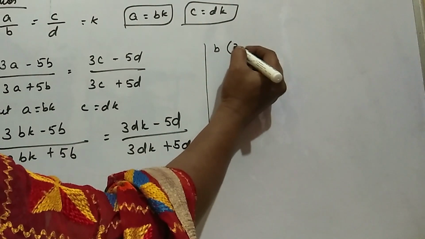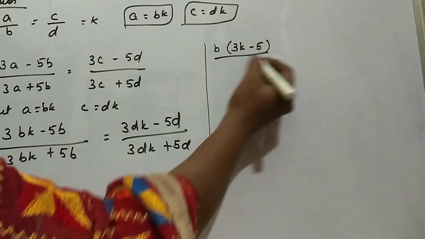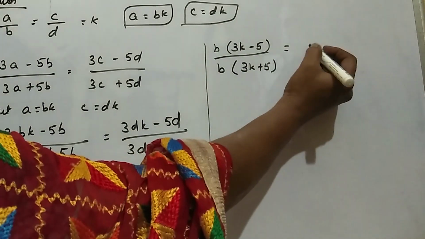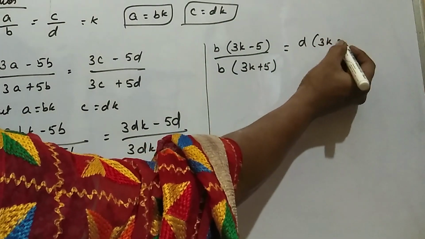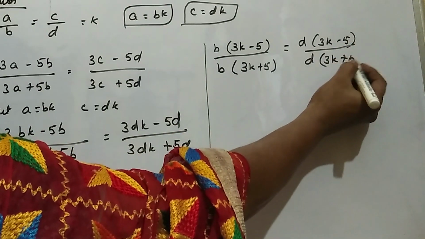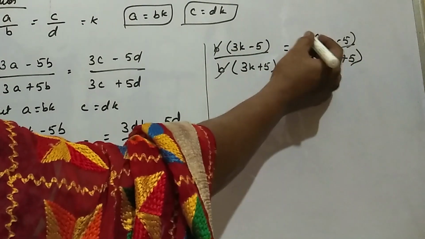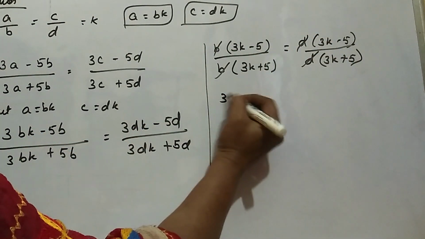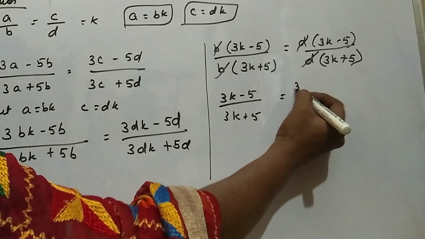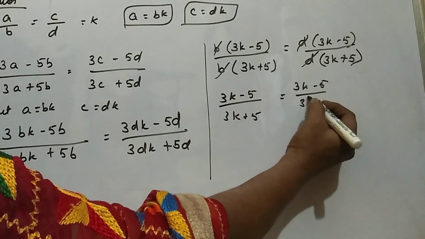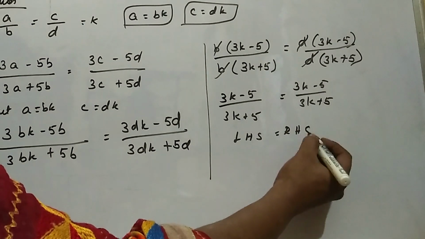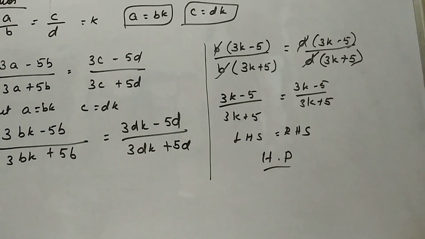B common: 3K minus 5 upon B common: 3K plus 5 is equal to D common: 3K minus 5 upon D common: 3K plus 5. So, these two get cancelled. Okay. So, you will write 3K minus 5 upon 3K plus 5 is equal to 3K minus 5 upon 3K plus 5. So left hand side equal to right hand side, hence proved.